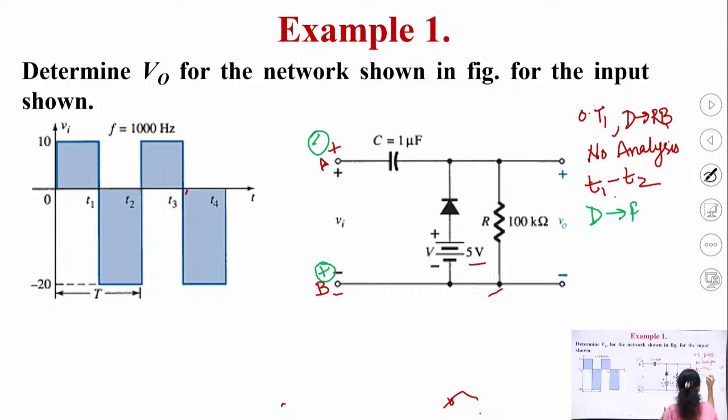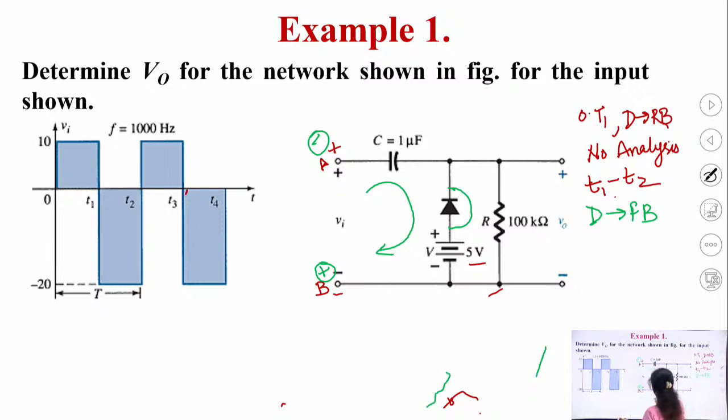So, the diode will be forward bias. If it is forward bias, that means it will be a short circuit, and whenever it is a short circuit, your current will follow this path. Remember, we will always take the direction of the current as clockwise. Initially, we always assume that the current is flowing in the clockwise direction.